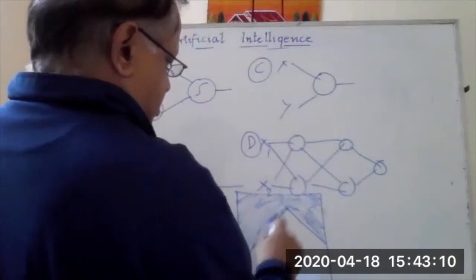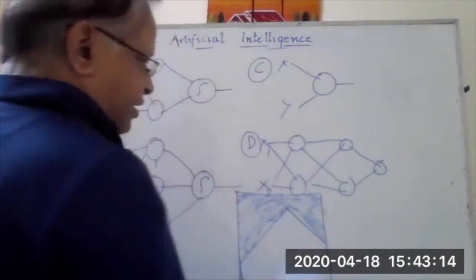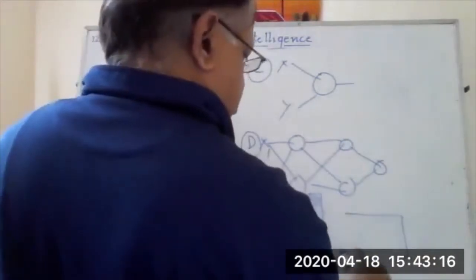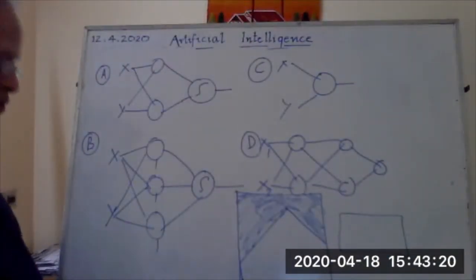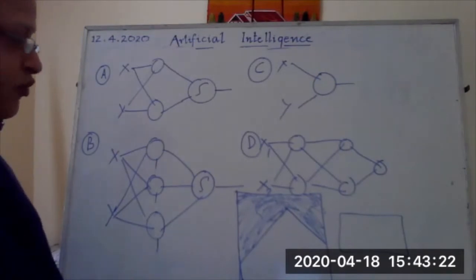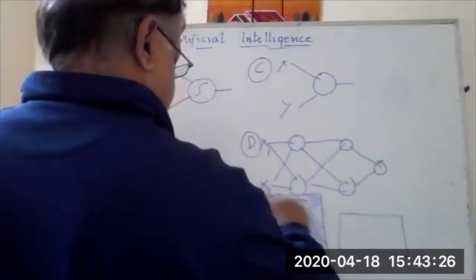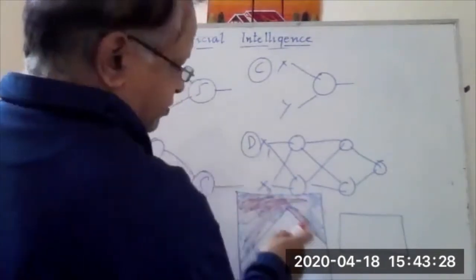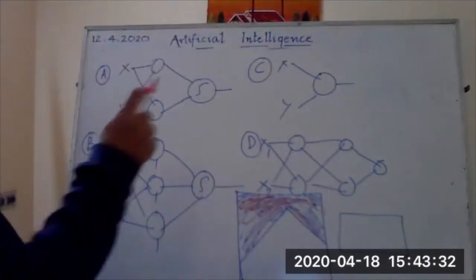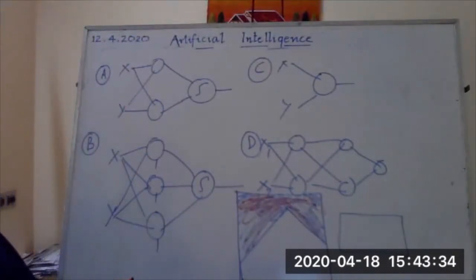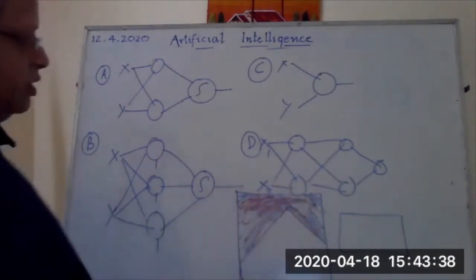If this shaded area is what's supposed to be identified, tell me which of these four neurons. It could be multiple also, not just one neuron. Any of these four could identify this portion as a good neuron. Which of these would you choose to give you an output of this particular option?